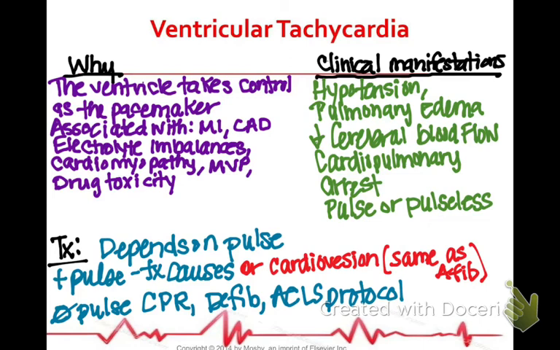Every pulseless person gets shocked. Not always, but if they have a pulse, I think you want to cardiovert that into a regular rhythm.